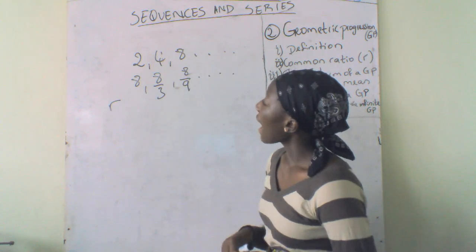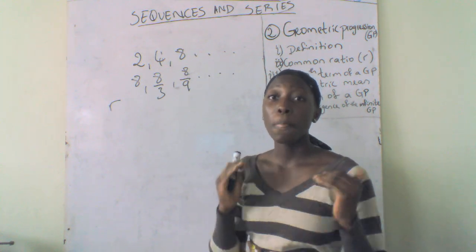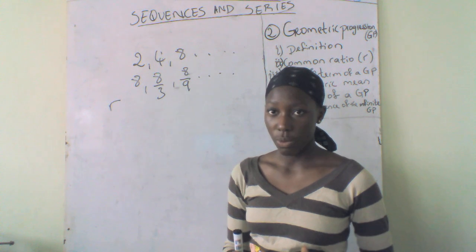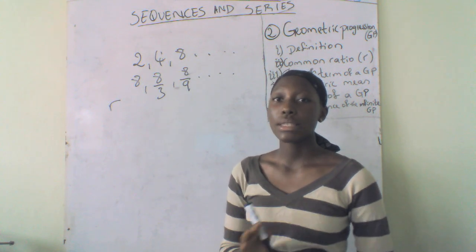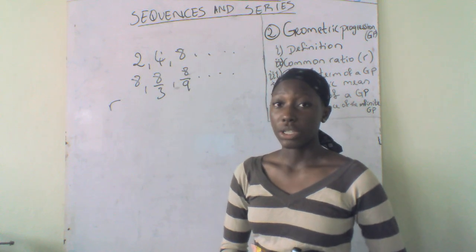By saying that, if there is no common ratio in a sequence, then the sequence cannot be said to be in a geometric progression.